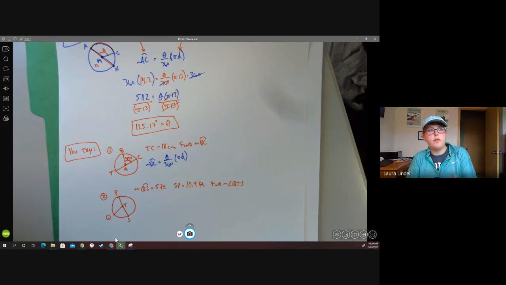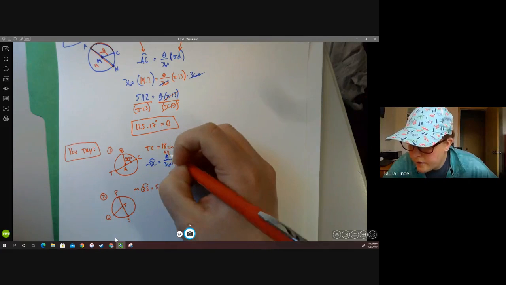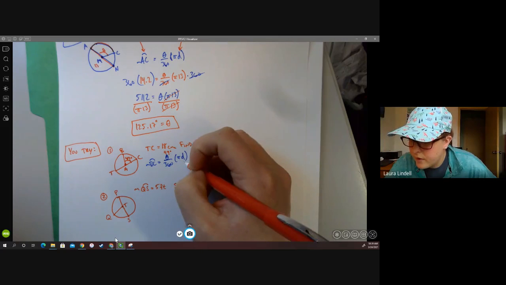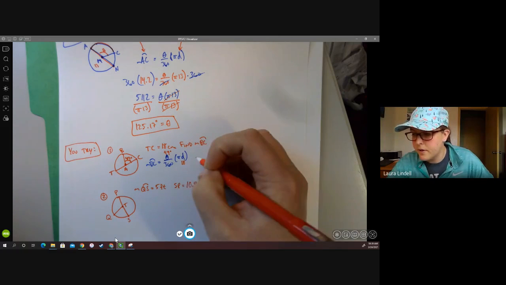If you started off with the equation, measure of arc BC equals theta over 360 times pi times diameter, you're on the right track. And we should be plugging in 49 degrees for theta and 18 centimeters for the diameter.